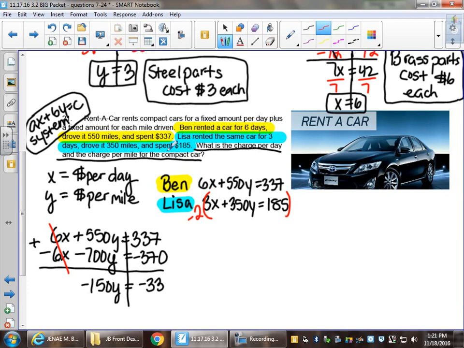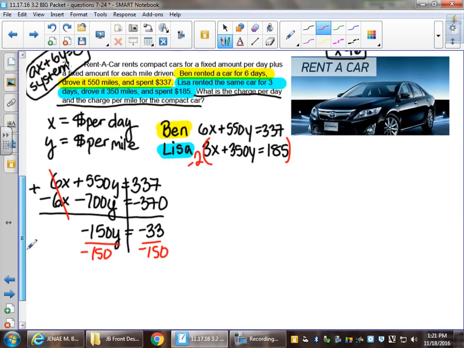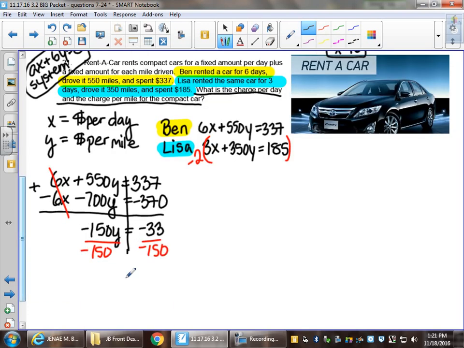We'll wrap this up dividing both by -150. And we get y equals 33 divided by 150, 0.22.